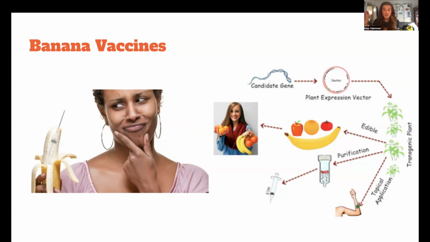So if we can put that gene inside of a fruit, and then you eat the fruit, you get all that protein from the genes that the fruit made. It'd be just like if we injected you with a needle and put that protein into you. Instead, the plant makes the protein, you eat the plant, and then you have the protein in you for your immune system to learn how to fight against. So be looking out in the future for our banana vaccines so that nobody has to get shots anymore.